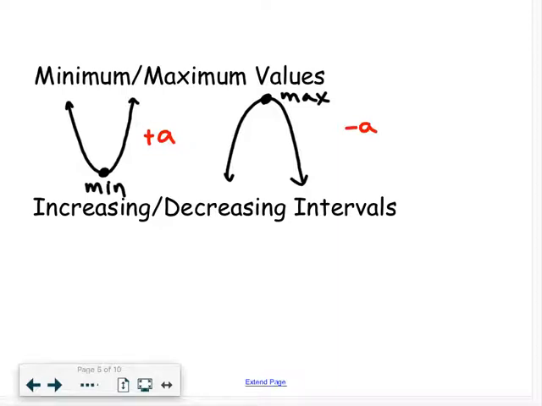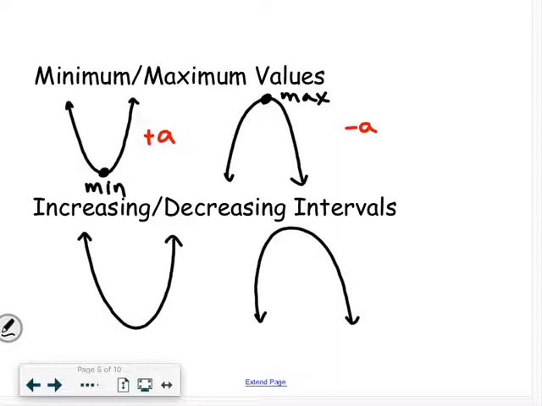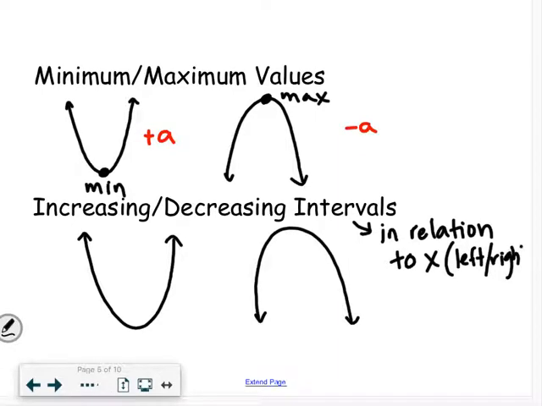All right, increasing and decreasing intervals. If I could get you in Algebra 2 to really understand that increasing and decreasing is in relation to the x, the left and the right of the graph, and not the y, the up and the down, that would be immensely helpful to you next year in pre-calc.